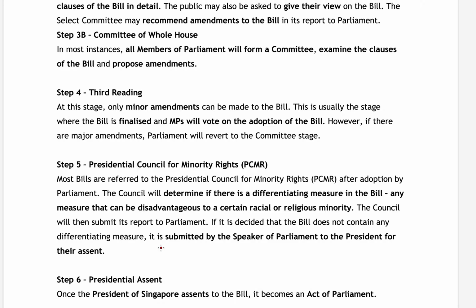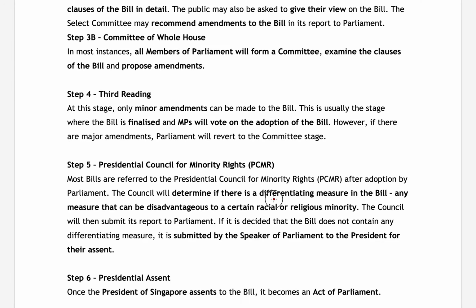The PCMR will determine if there is a differentiating measure inside this bill. Anything that can be disadvantageous to a certain racial or religious minority, the PCMR will pick up. The council will then submit the report to Parliament. If they say, hey, there is a differentiating measure here, you're discriminating against this because of this certain clause, then Parliament will talk about it, try to change it and send it back.